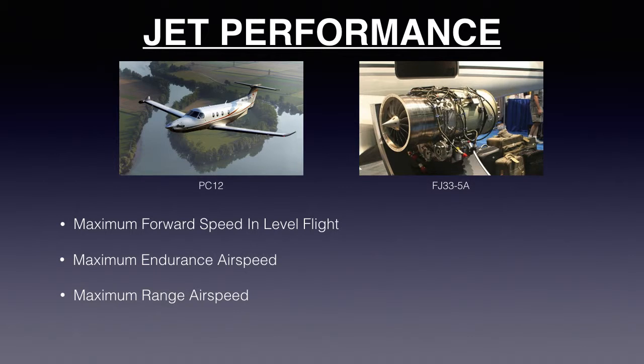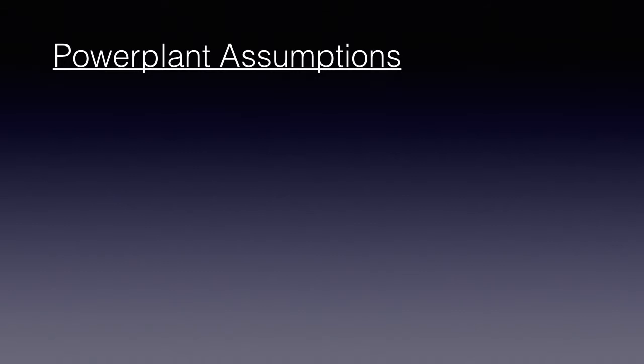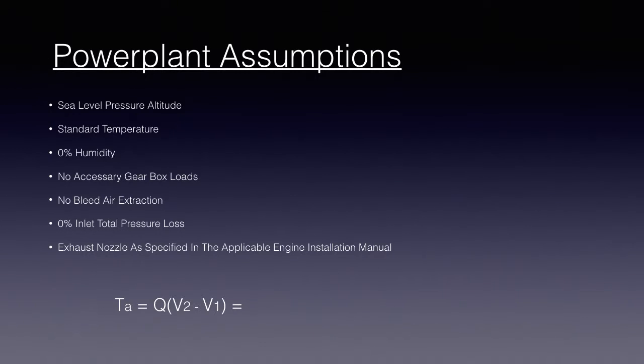So first things first, let's look at a few assumptions before we get into the data. As we all know, the data that is put out by Williams is more than likely from the marketing department. So the power plant assumptions are basically sea level pressure altitude on a standard day, 0% humidity, no accessory gearbox loads, no bleed air extraction, 0% inlet total pressure loss, and then your exhaust as applicable with the engine installation manual.